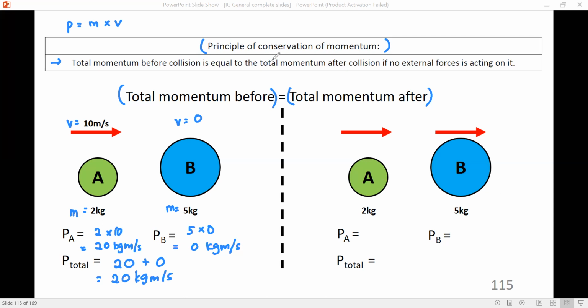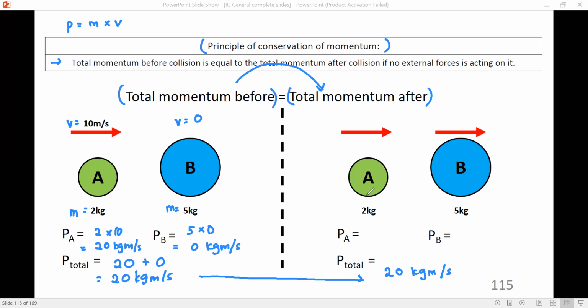You have to understand that for the principle of conservation of momentum, the total momentum before is equal to the total momentum after. The momentum before is 20, so the total momentum after is also 20 kg meter per second. It doesn't matter whether A is slowing down or B is moving faster. As long as there is conservation of momentum, the total before is equal to the total after. Before is 20, so after is also 20.